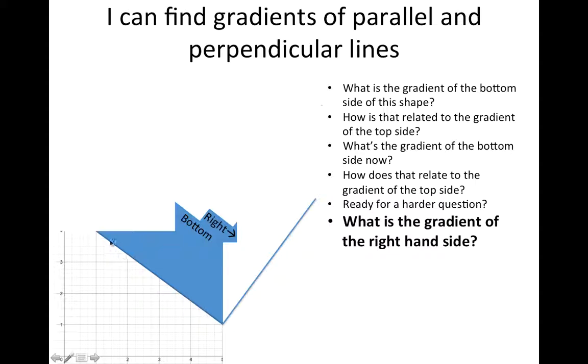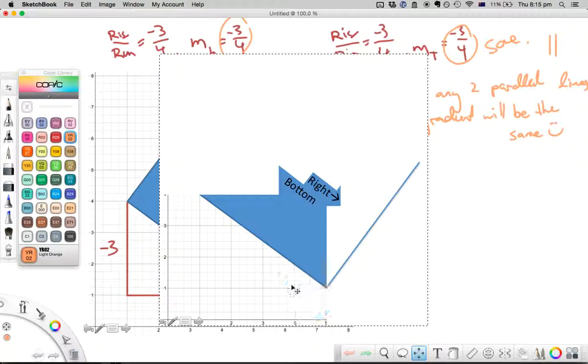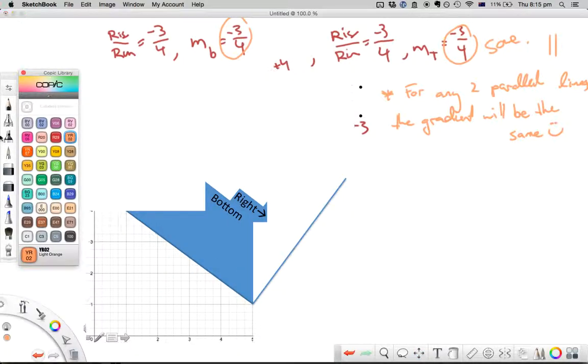Well, it kind of looks like, again, I'll take a bit of a picture here. It kind of looks to me like if I were to, we'll just rub out this 3 so it's not distracting us.